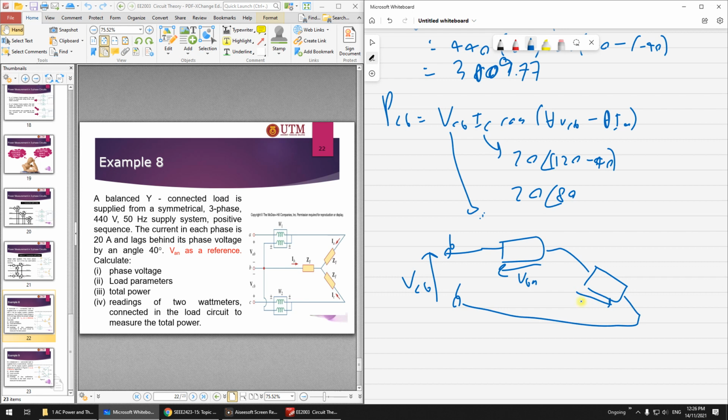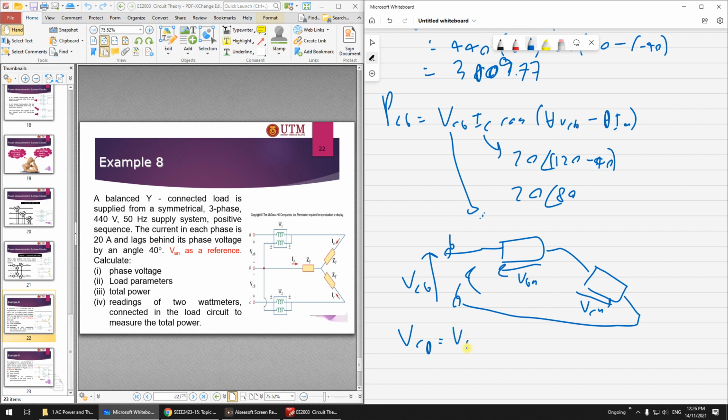This one is V_CN. So if you do a loop here, V_CB is equals to, this one positive, negative, positive.